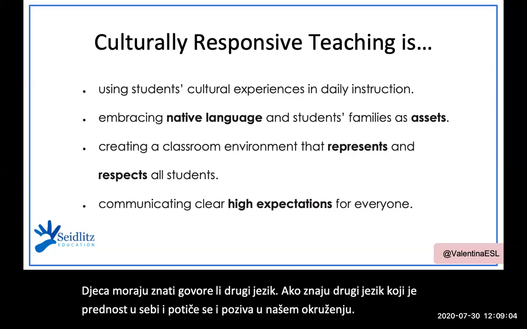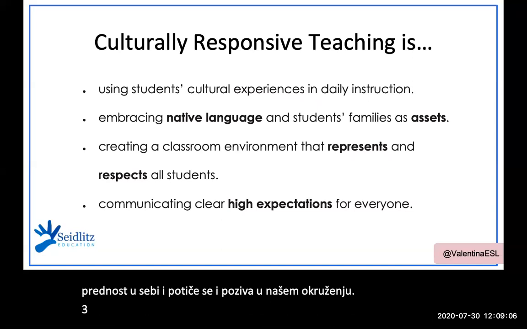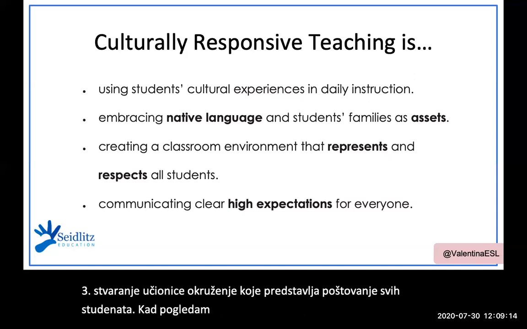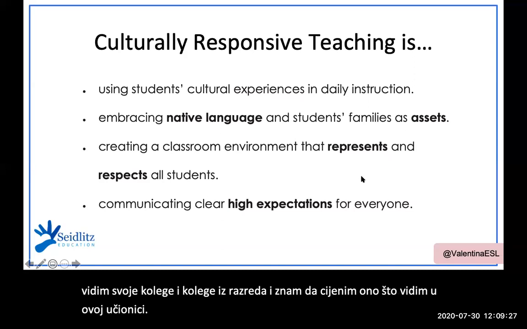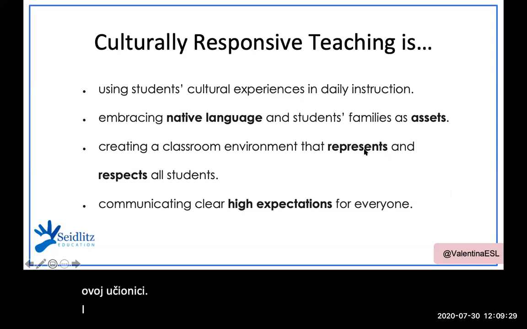Third, creating a classroom environment that represents and respects all students. So when I look around my classroom, I see myself, I see my friends, I see my colleagues and classmates, and I know that I value what I see in this classroom. And finally, communicating clear and high expectations for everyone.